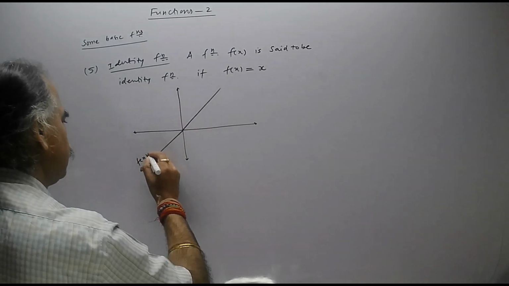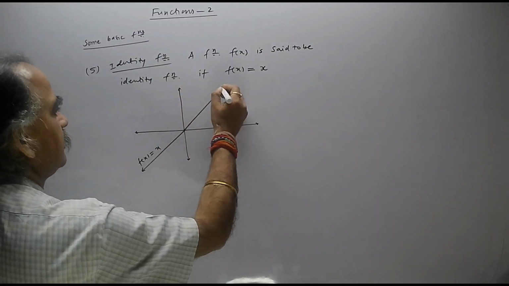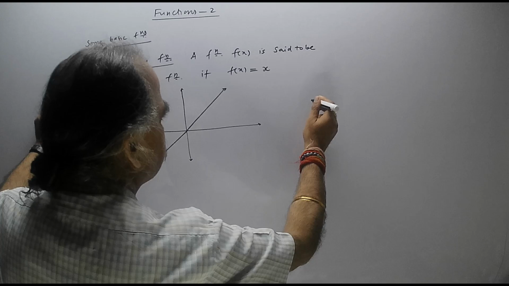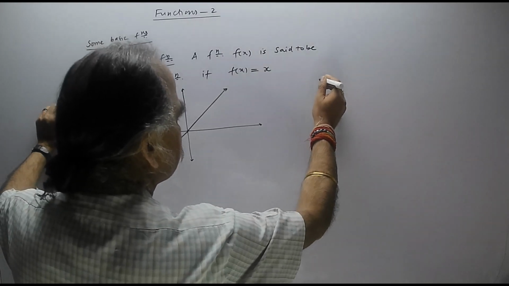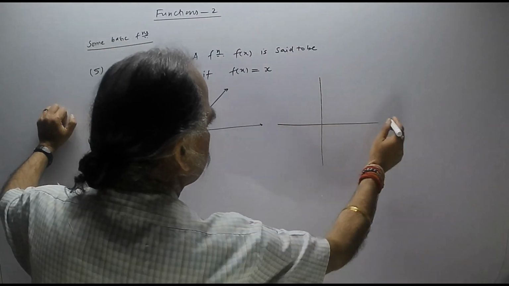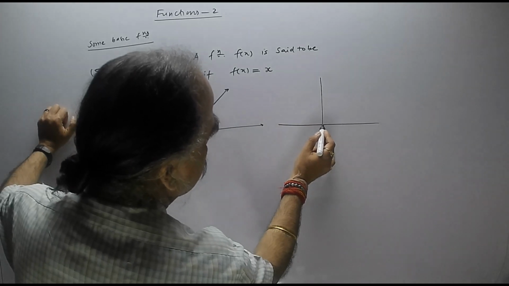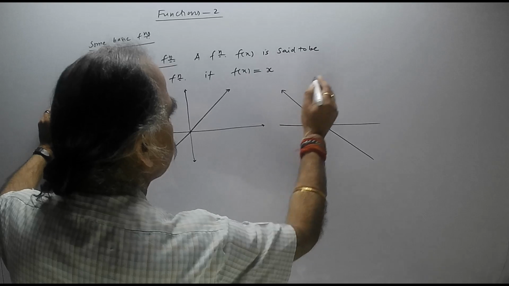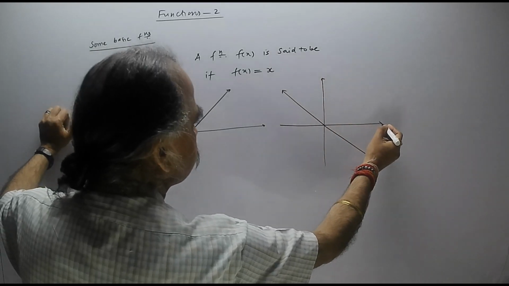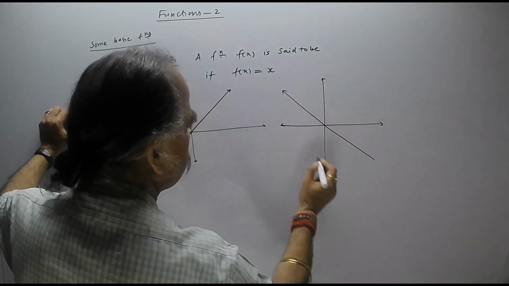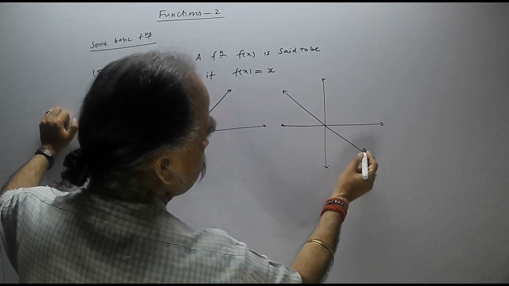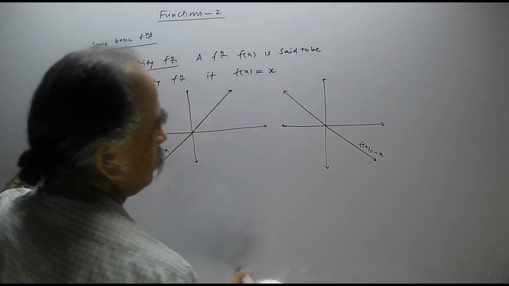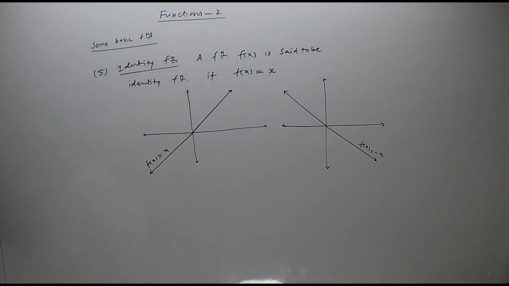This is f(x) is equal to x. And if f(x) is equal to minus x, it is given this way. f(x) is equal to minus x.